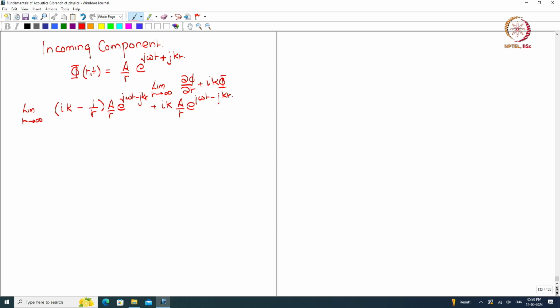Now with r tending to infinity, we have r in the denominator here, r in the denominator here. Okay. Now this has a plus sign, whereas this, the same term, also has a plus sign. Okay. So now, what do I have?